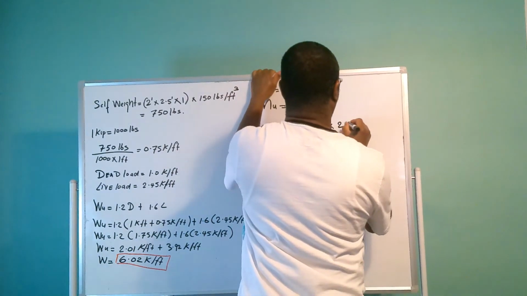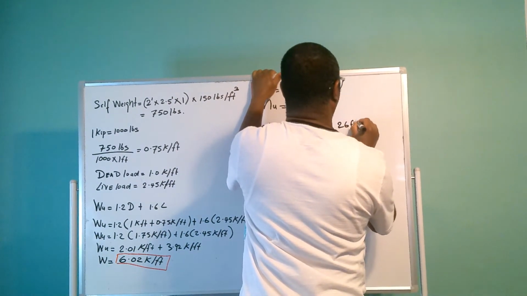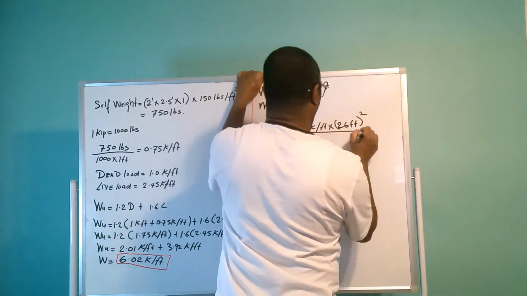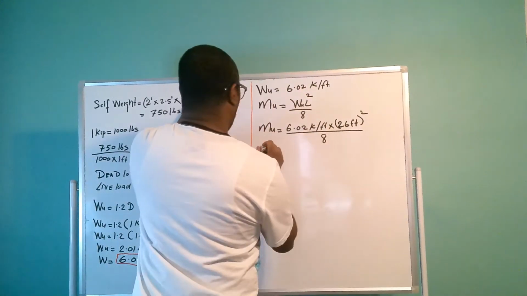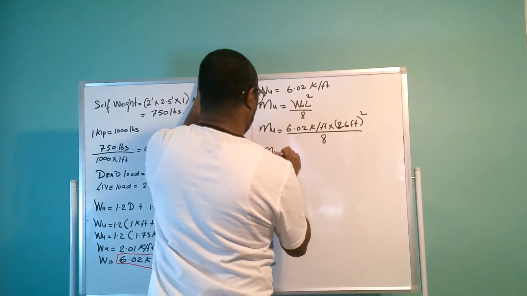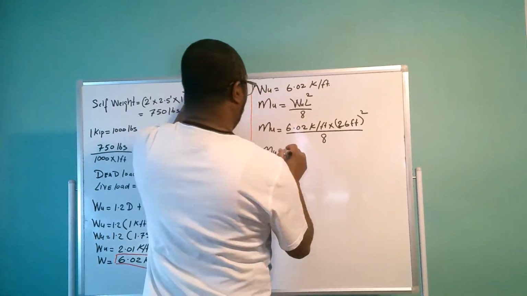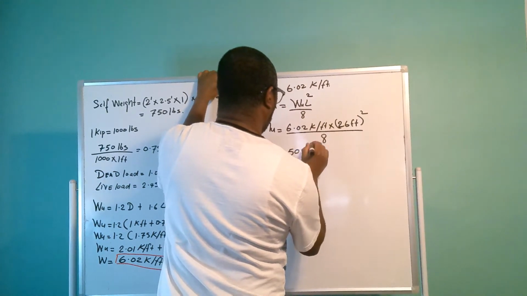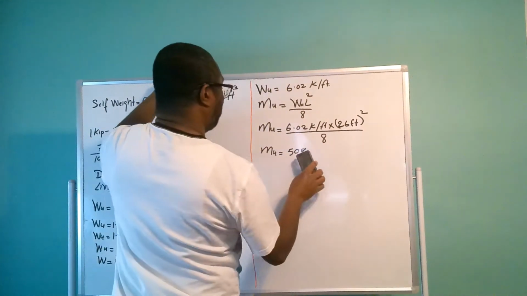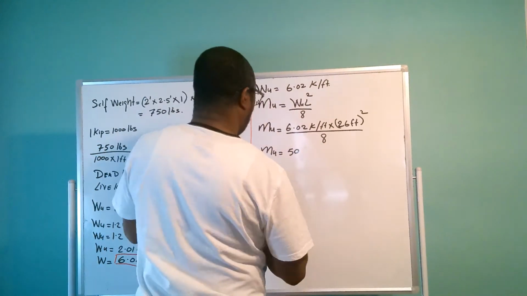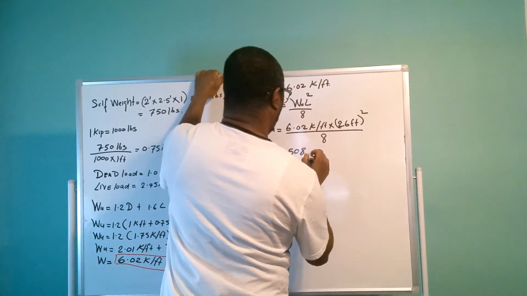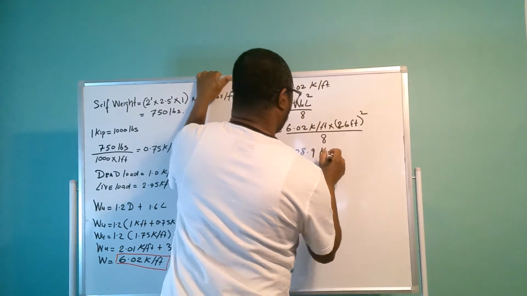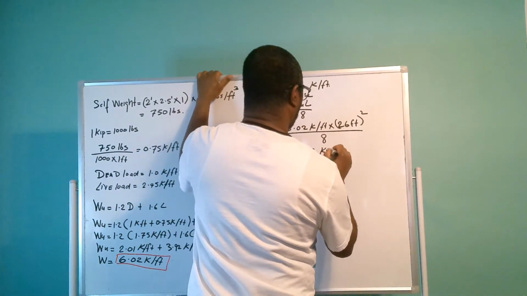So we have 26 feet squared over 8. So our moment, when you plug this into your calculator, the result is going to be 508.9 kip-foot.